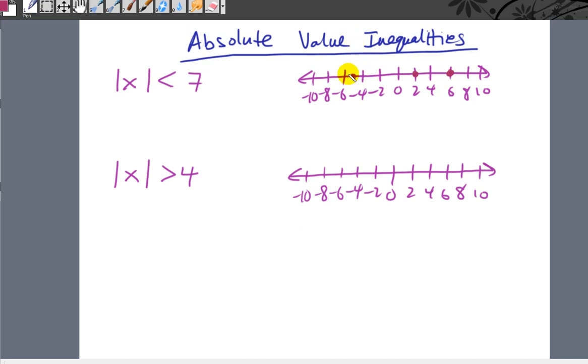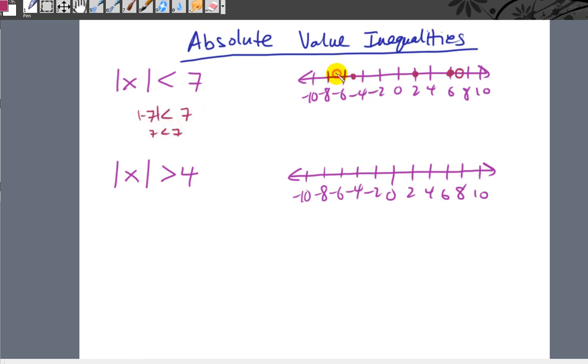You can do this over and over again, and what you're going to realize is if you tried 7, 7 is not less than 7, so this is going to be false. That is going to be represented with the open circle. Similarly, if we tried the absolute value of -7, that also applies.